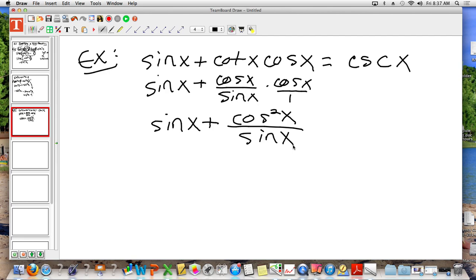We're almost done, but when you are in a situation like this where you have a fraction, or maybe even two fractions and they don't have the same denominator, remember this sine of x is the same thing as the sine of x over 1.